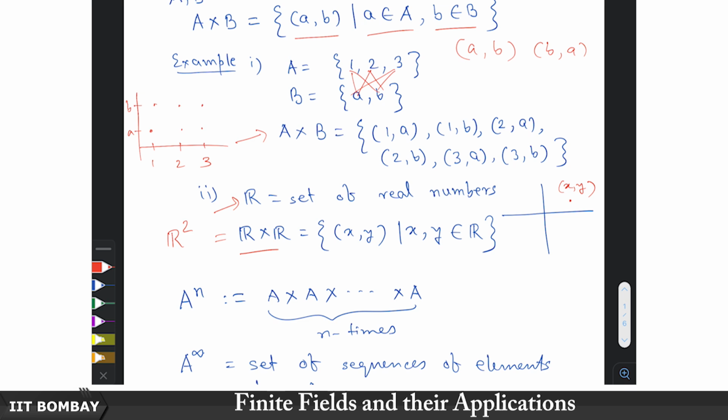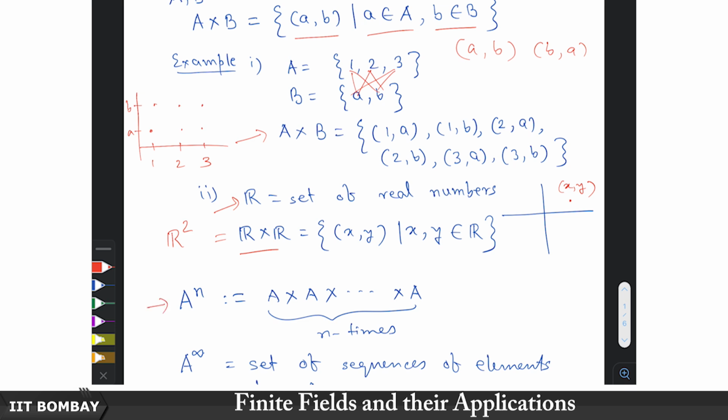Now, this Cartesian product of two sets can be extended to a definition of Cartesian product for any finite number of sets, and what it means is that its elements are n-tuples with components taken from the respective sets.